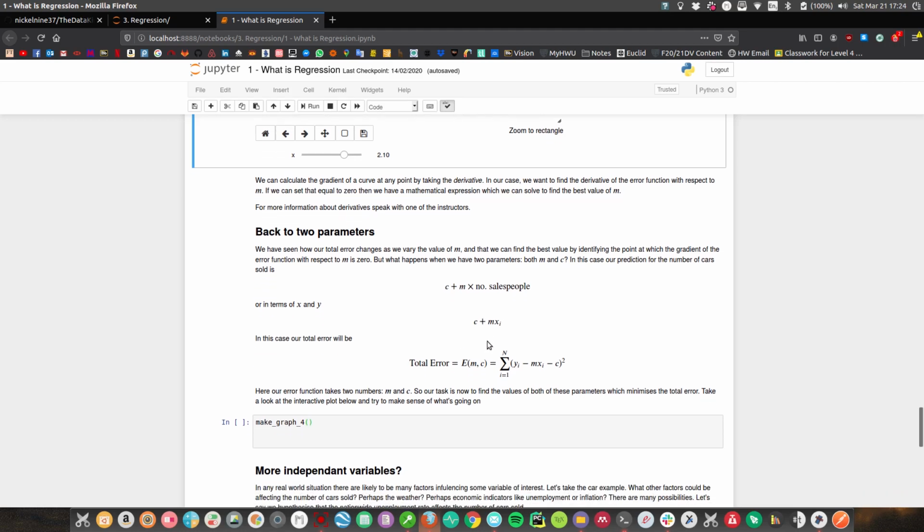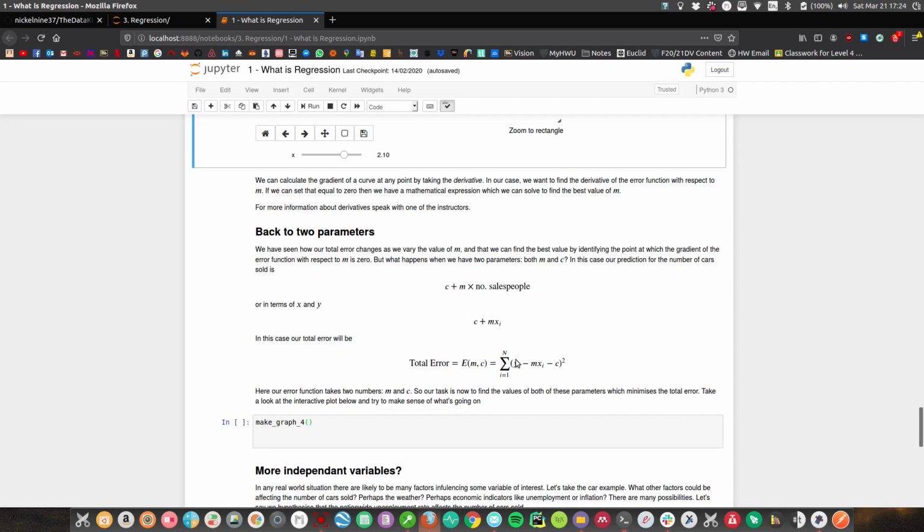So now our total error, instead of just being yi, our observation, subtract mxi, it's yi observation subtract mxi and c. Right, so now our prediction for any given input point x is no longer just mxi, it's mxi plus c. So if this is our prediction, then we need to subtract this whole thing off our observation.